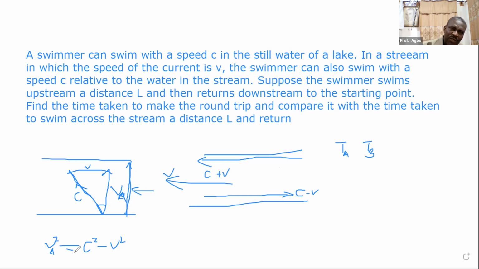If we want to get V_A, we make V_A the subject of the formula, because this is squared.